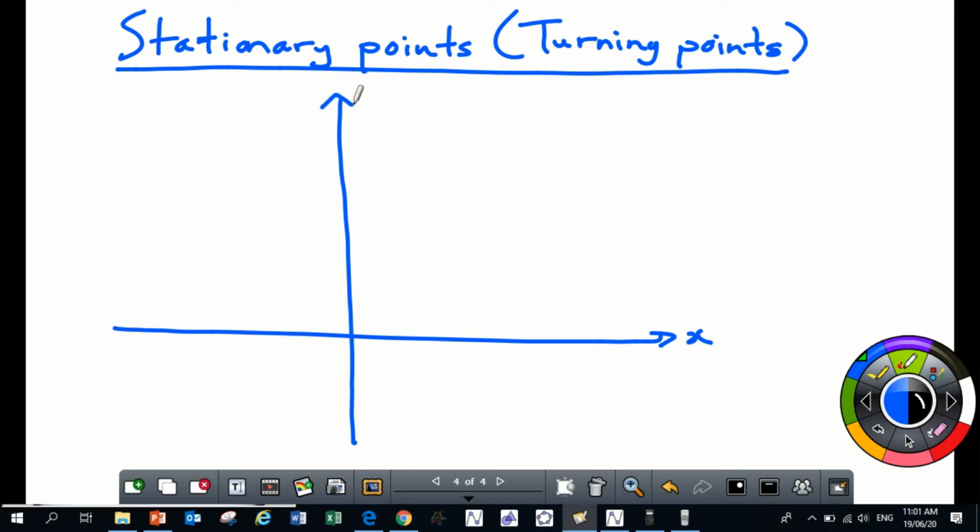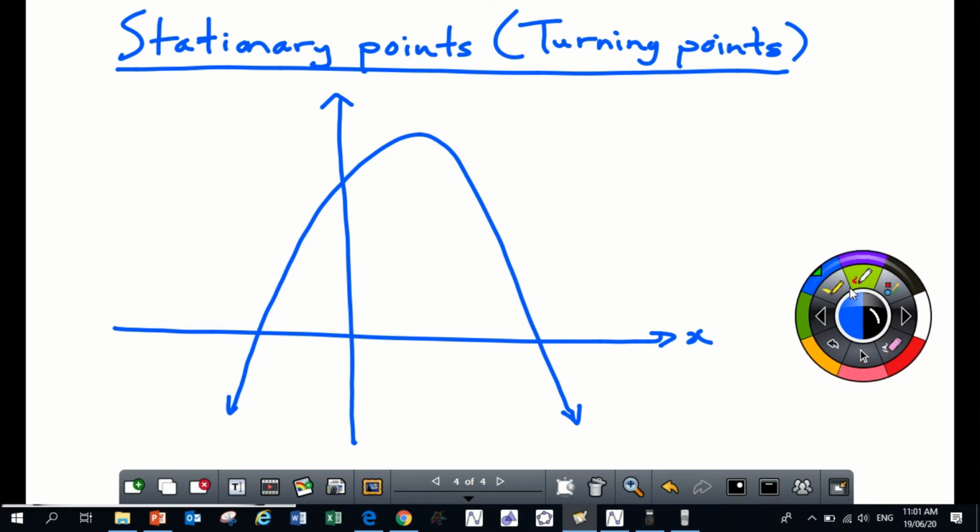So what I'm talking about is this. If I give you a quadratic function, because we haven't done the graph of a cubic function as yet, at this point here, that's where you have your turning point. So it's a horizontal line. If you draw a tangent, it's going to be a horizontal line.